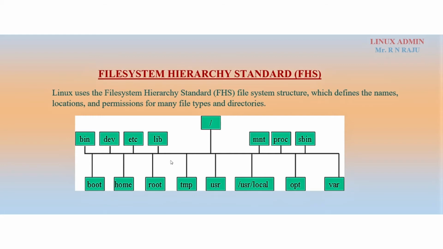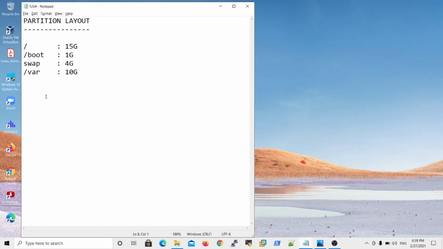Okay, we have a partition layout architecture here. See that partition layout. I want to install the Linux operating system. My hard disk total capacity is, for example, 50 GB. So how can I divide the partitions? Like I told you, slash and boot.